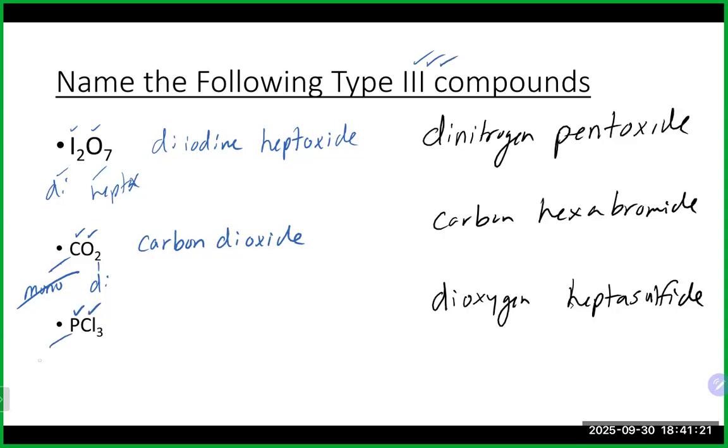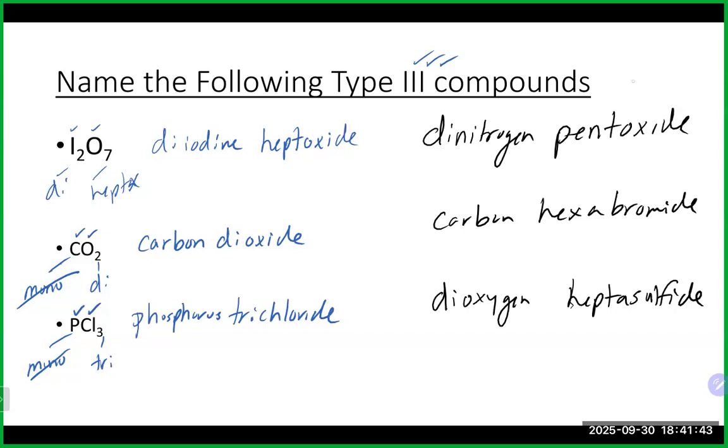Once again, we have only 1 phosphorus, which is mono. Again, not going to use it on the first one. We have tri here for 3. So this would be phosphorus trichloride. Any questions on any of those names there?